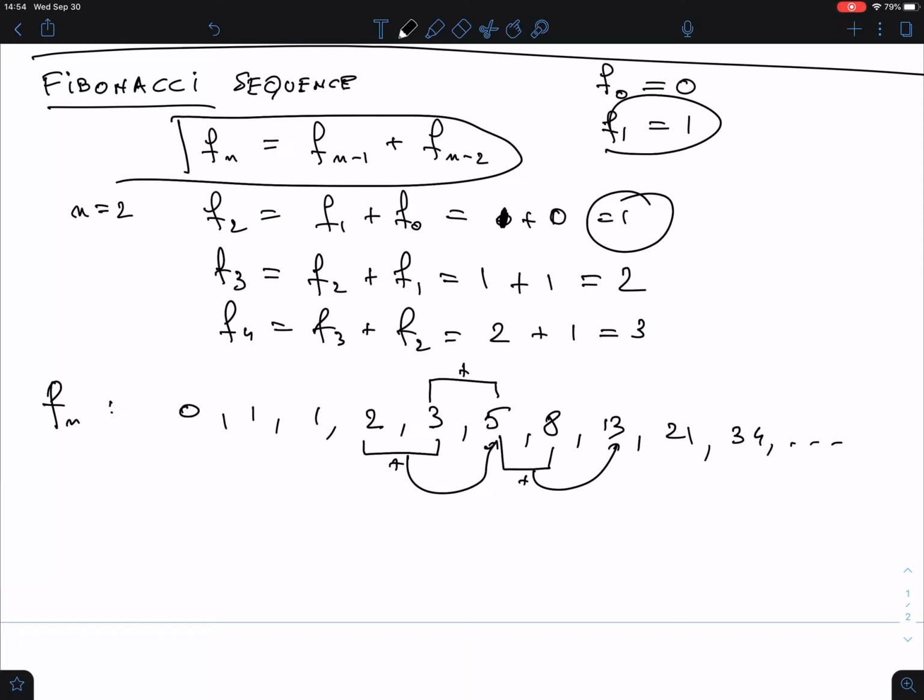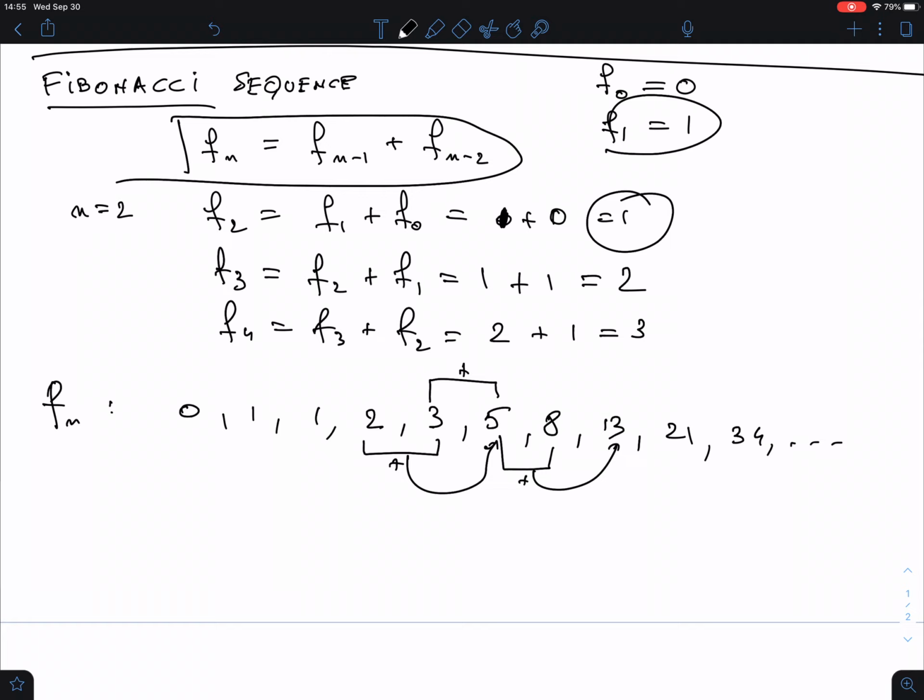And for some reason, and perhaps that's the reason why the Fibonacci sequence occurs so often in nature, the golden ratio occurs a lot in nature. Plants, flowers, patterns of growth all have the same golden ratio somehow built in.